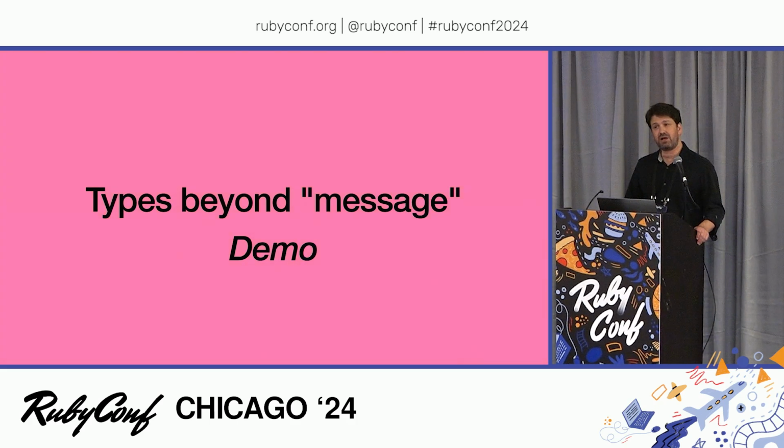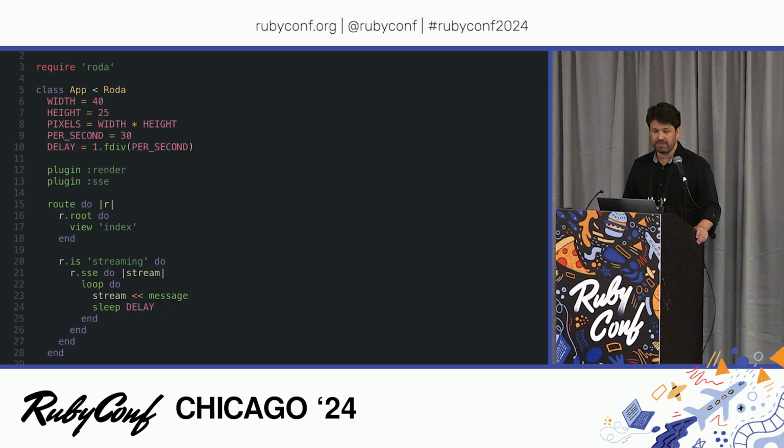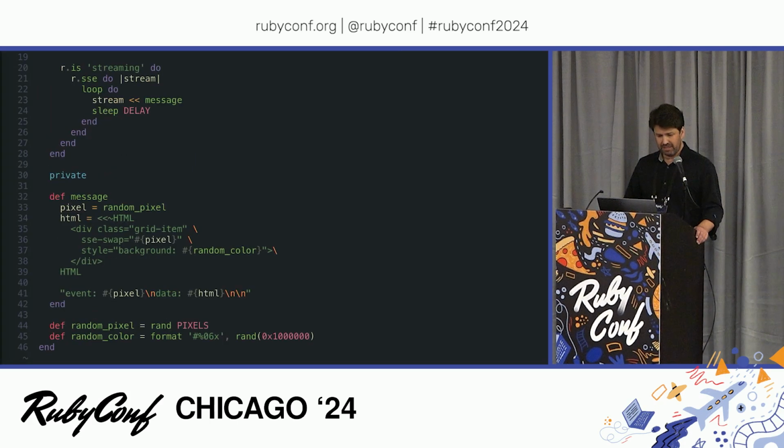So SSE also supports types beyond message. So messages, if you don't give SSE a type, we'll call that message. And that's in the spec. So let's look at types. So here we have another Roda app. I'm going to specify a message that is basically being pushed onto the stream. So what's the message? Here, the message is going to be some HTML.